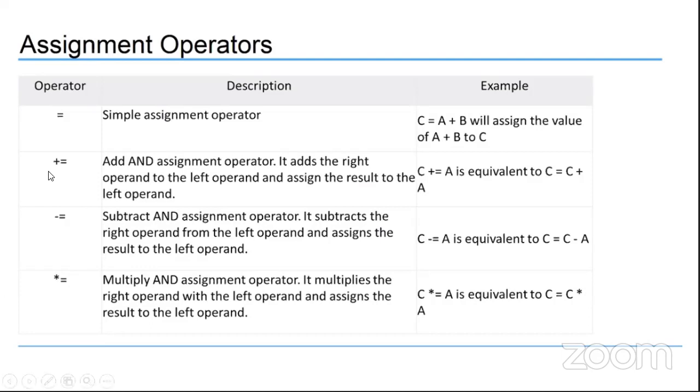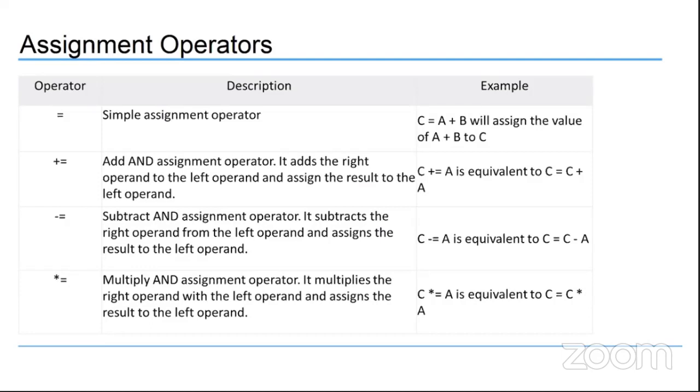So if I write plus is equal to, what is meant by plus is equal to? It is nothing but c plus is equal to a, which means c is equal to c plus a. If we are writing in some loop, I start the loop with c is equal to 0.